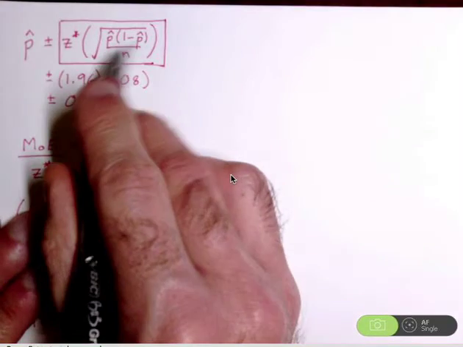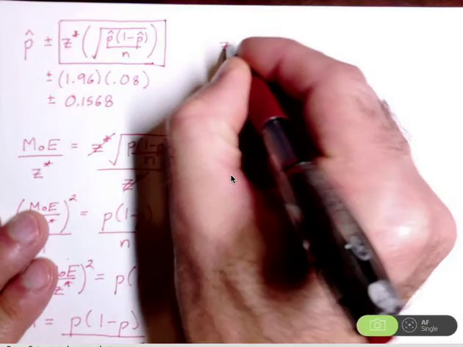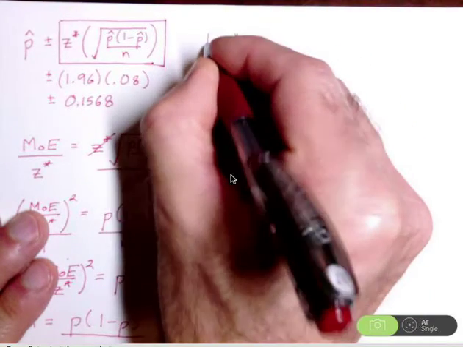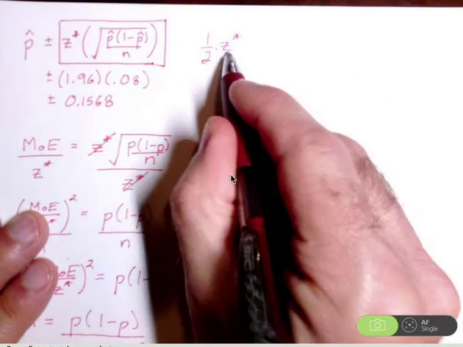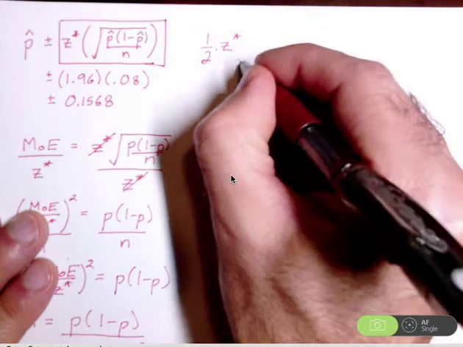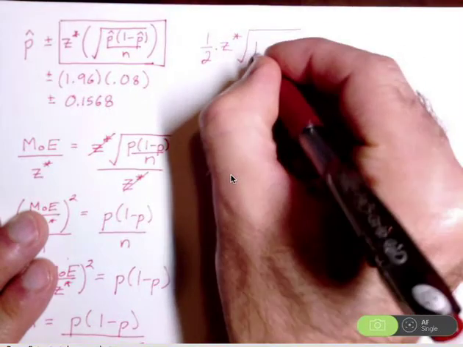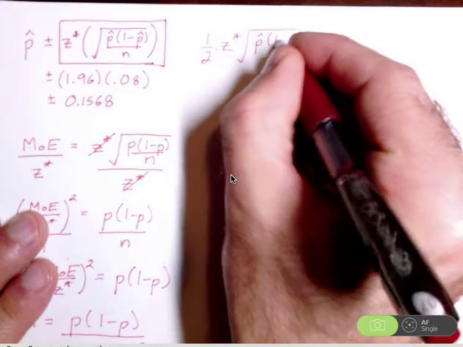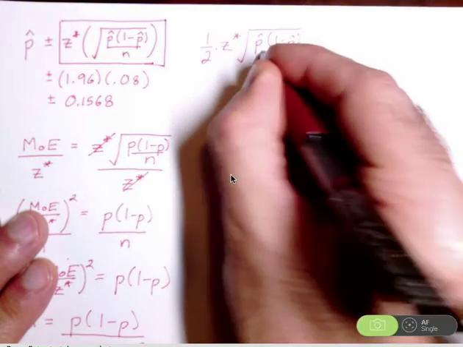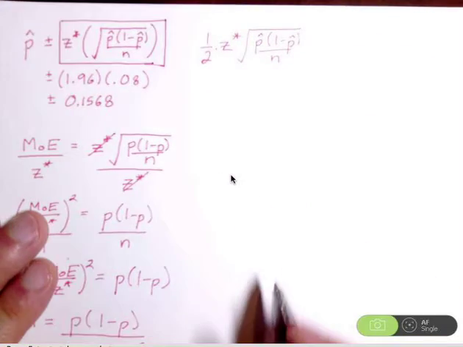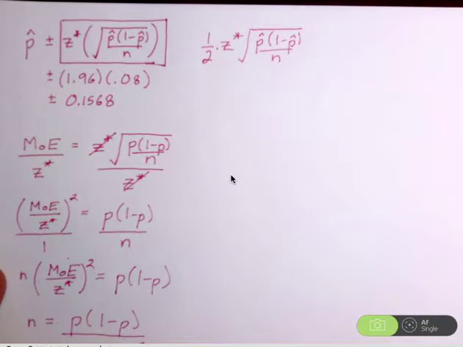If I wanted to cut that margin of error in half, I want 1/2 of my z star times the standard deviation. We'll just come back to the formula that we had originally here. So I could have guessed that the final result would be 119, and here's why. The truth is that if I had to choose it, I'd choose 120, and here's why.